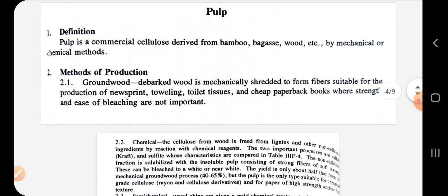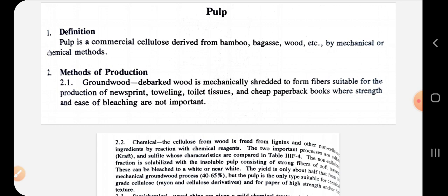Now moving to our today's product, the process flow diagram that we are going to see is manufacturing of pulp. It is a commercial cellulose derived from bamboo, bagasse or wood, whatever cellulose raw material we wish to use. Now there are two types of methods for production of pulp.